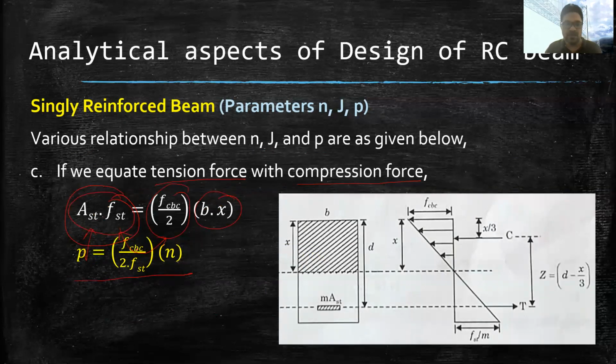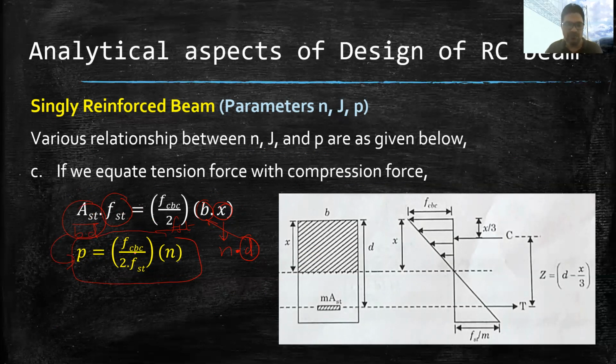p is equal to fcbc upon 2 fst, into n. If we replace x by nd, then we get B and D, and both of these terms go below, while fst goes below as well, and you can see this term will be formed, because Ast upon BD is called p.